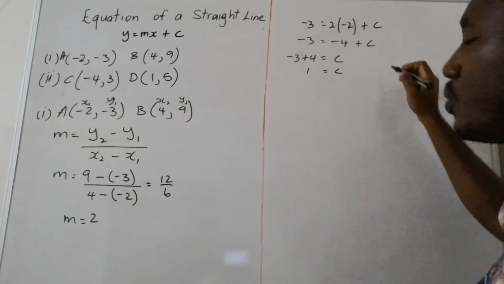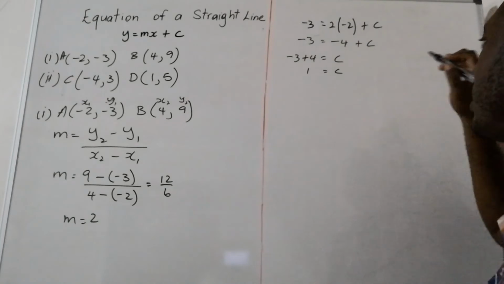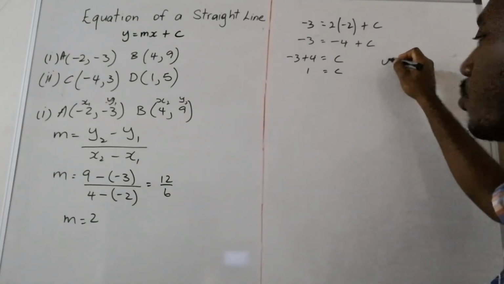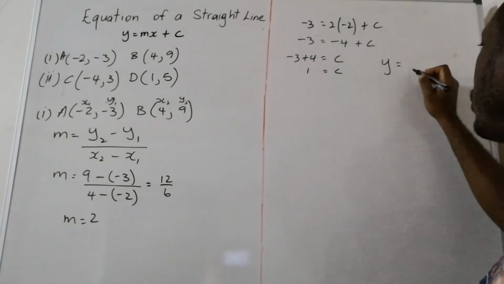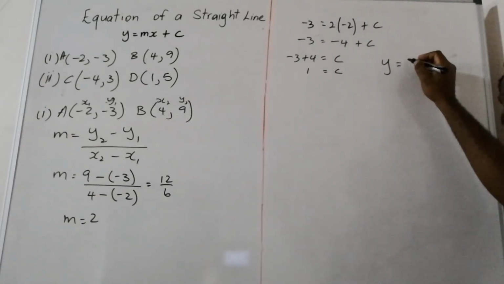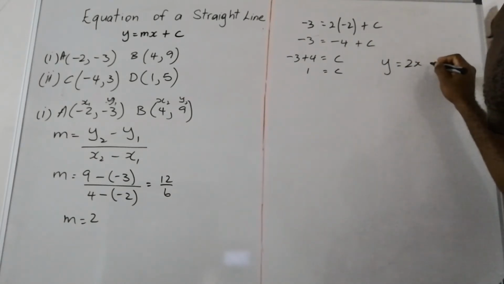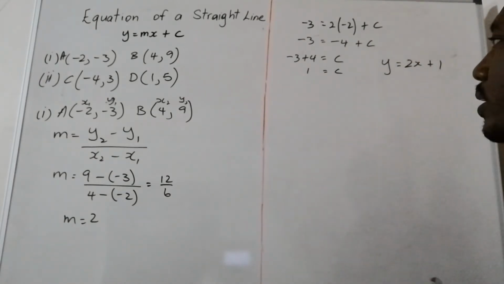So now substituting that in the equation, we will have the equation of the straight line as y is equal to 2x plus 1.